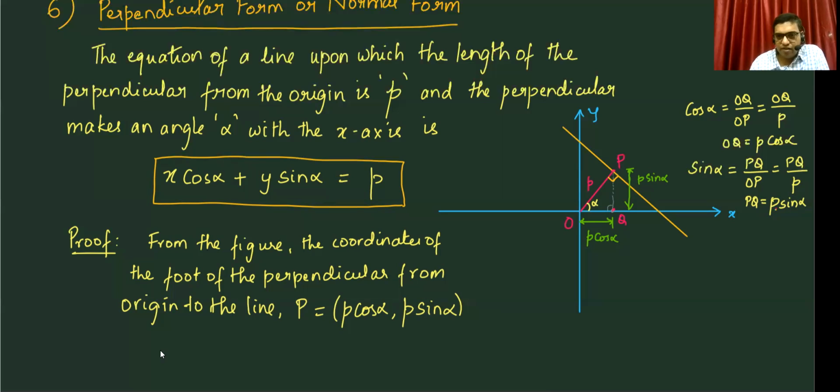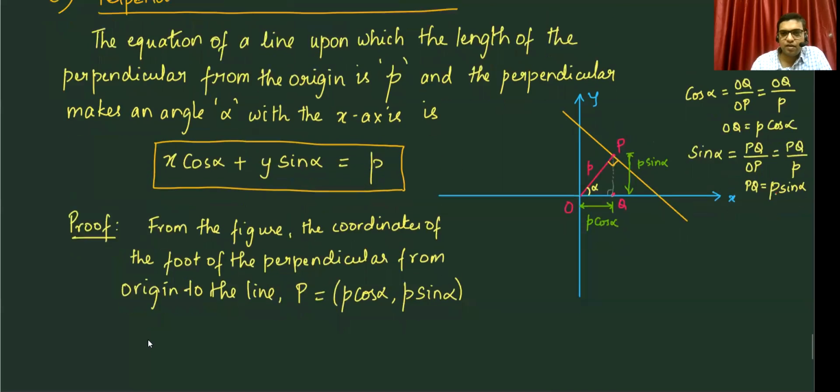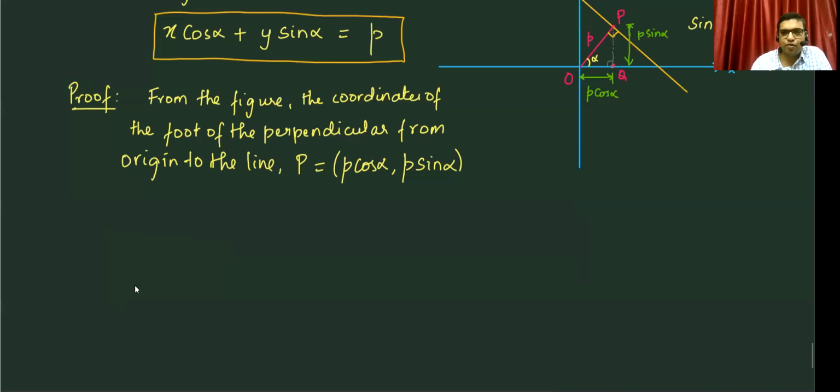Now you got the point. If you find the slope, then you can do the problem. Now what is the slope of the line? Slope of OP is tan alpha, since alpha is the inclination.